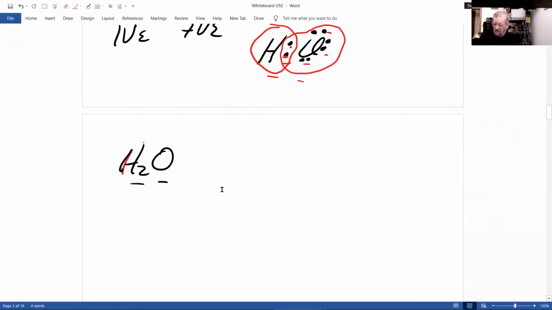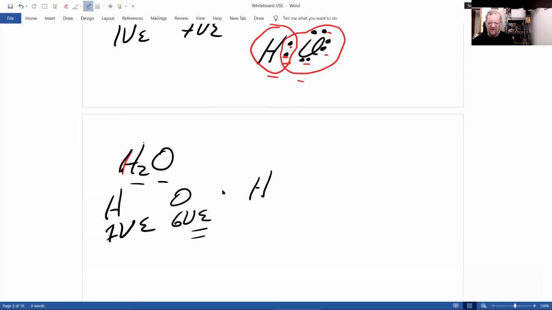All right. Hydrogen, 1 valence electron, and you look at the top of the periodic table. Oxygen, 6 valence electrons. Again, look at the top. Now, this hydrogen has 1 valence electron.